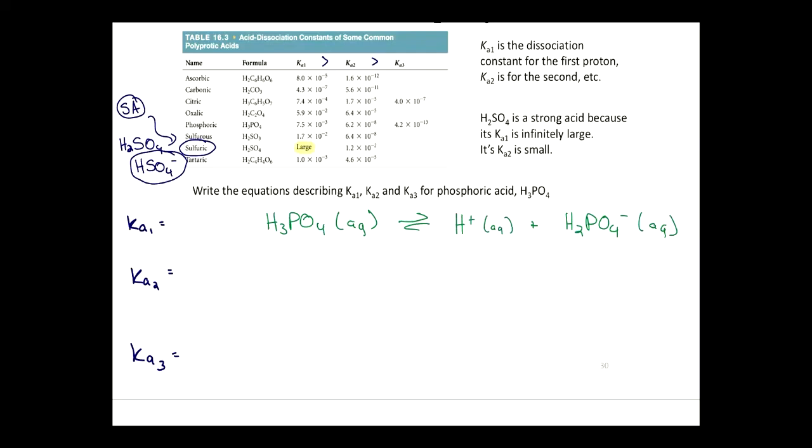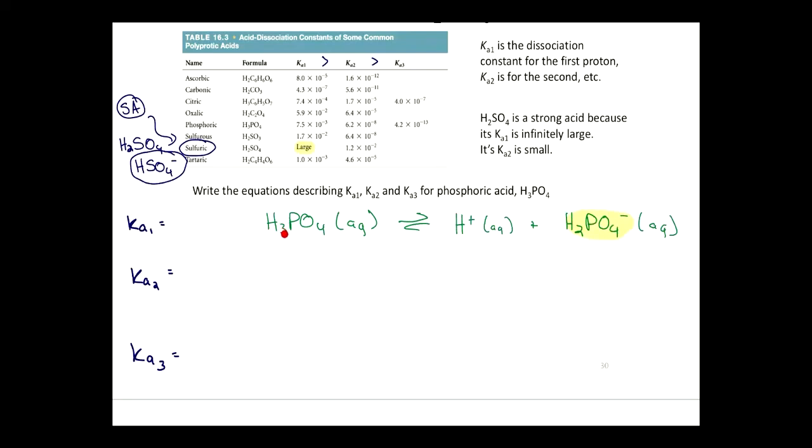But there are two more protons, so that's why we have a Ka2 and Ka3. So the strategy here is to take that product in Ka1 and make it the reactant in the next Ka expression, because I popped off that first proton. Now let's take off the second proton, but now this is your reactant.